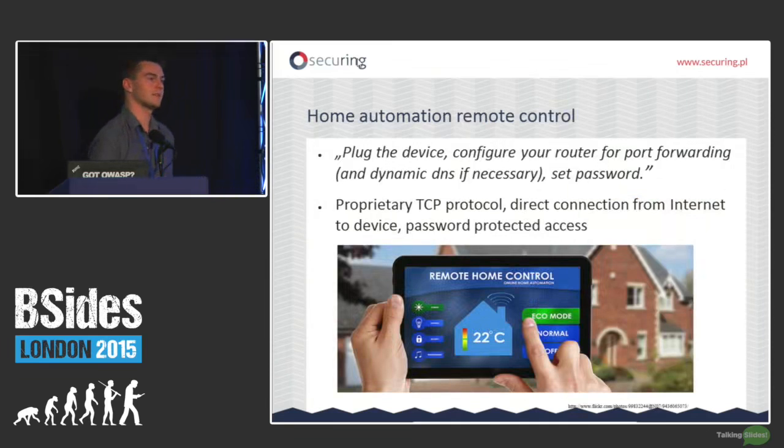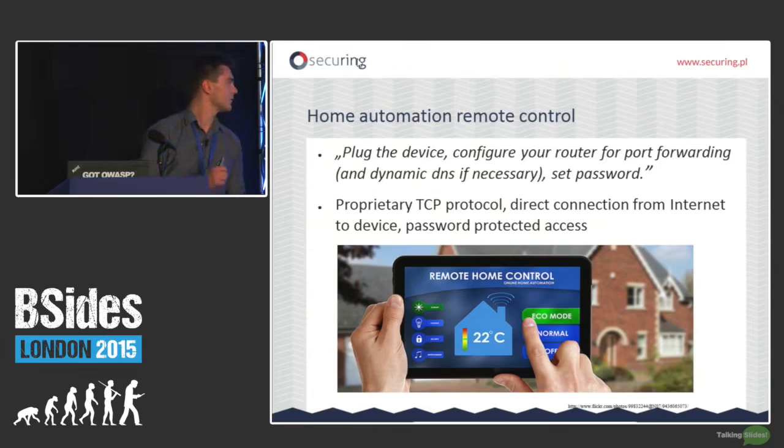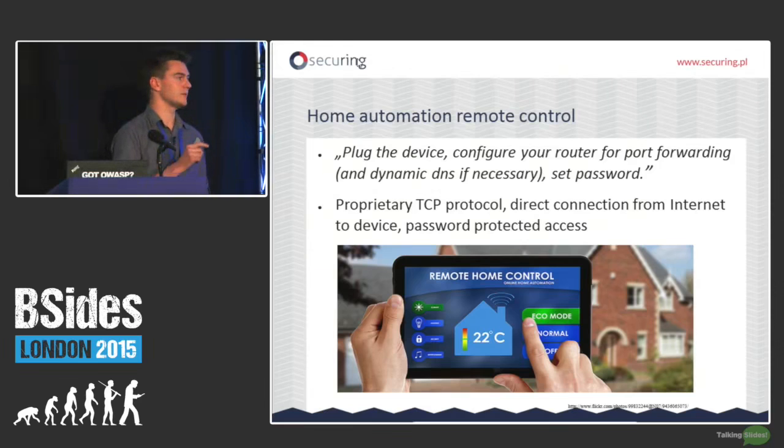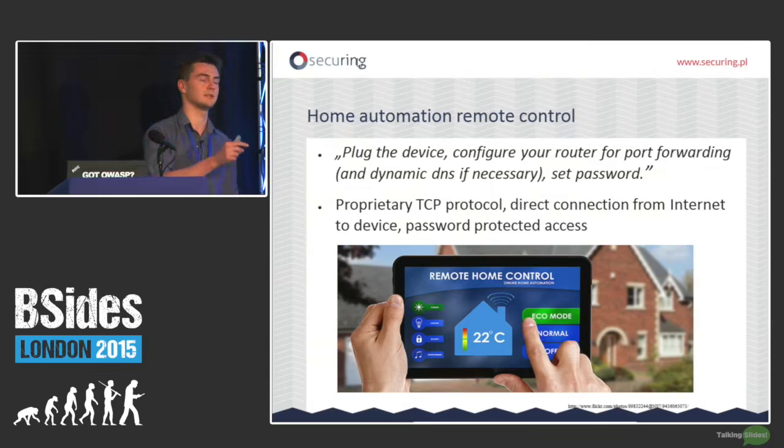The first example is with a home automation device. It works just like that. You have to buy the appliance. The appliance is just a box which you connect to the internet, and it has the output, and it collects the input from your smart home.